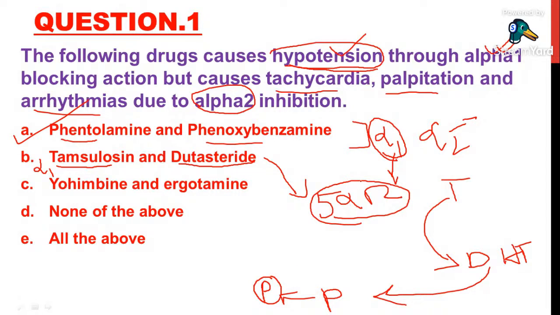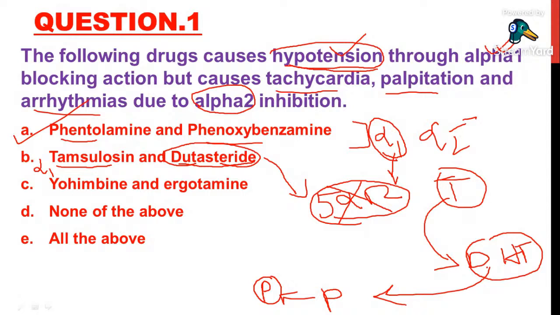So when this 5 alpha reductase enzyme is blocked by dutasteride, it will not convert testosterone into dihydrotestosterone. Actually, testosterone is inactive and dihydrotestosterone is active.